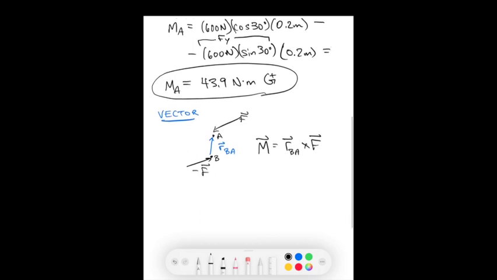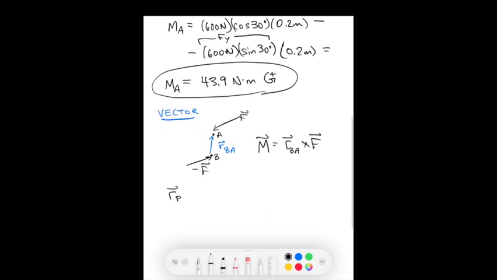Okay, so we just need to define these values. r_BA goes positive in the x, positive in the y, and that force F goes negative in the x direction and negative in the y direction.